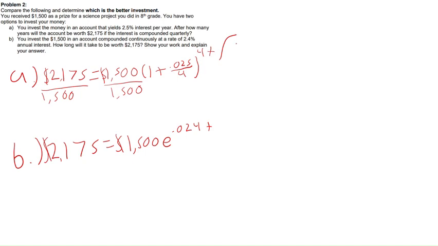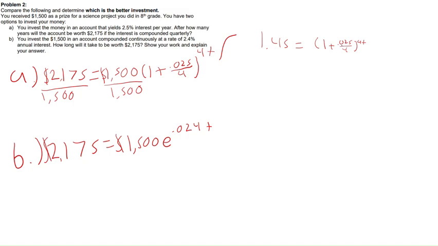If you did that, you would have 1.45 is equivalent to 1 plus 0.025 over 4 to the 4t. So that'd be your equation.